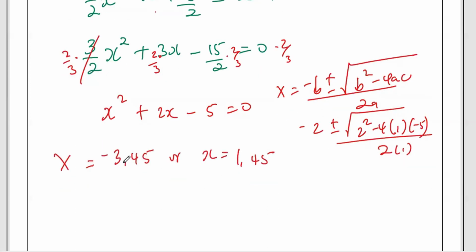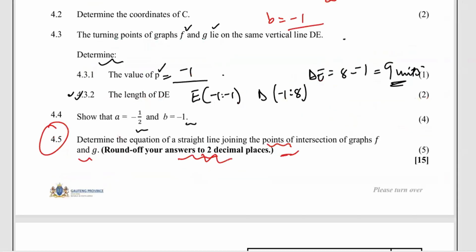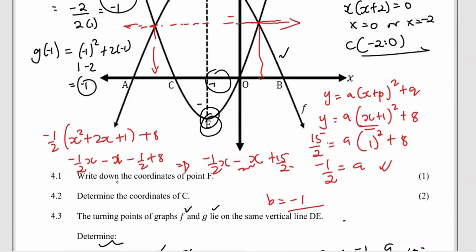Now, if I substitute these numbers back into the original, either g or f, I'm getting y as 5,00. This one is also y equal to 5,00. So they have the same y value, which is 5.